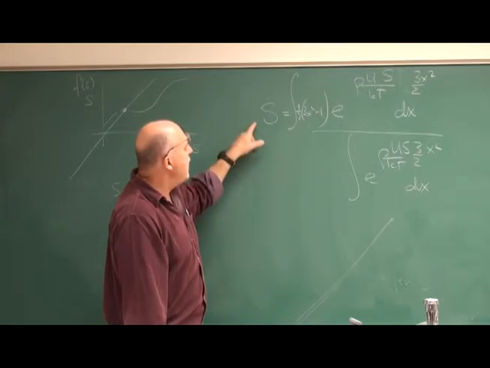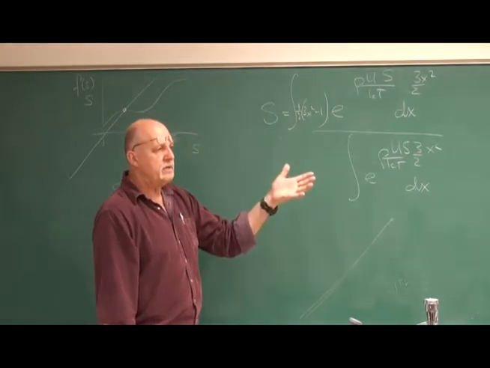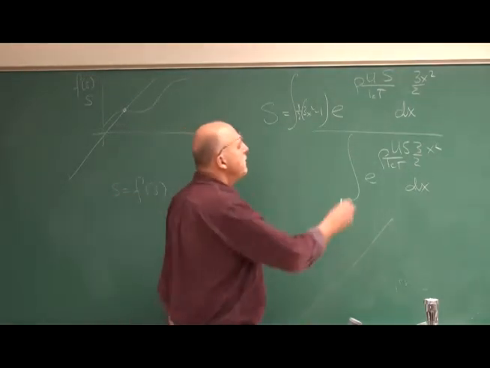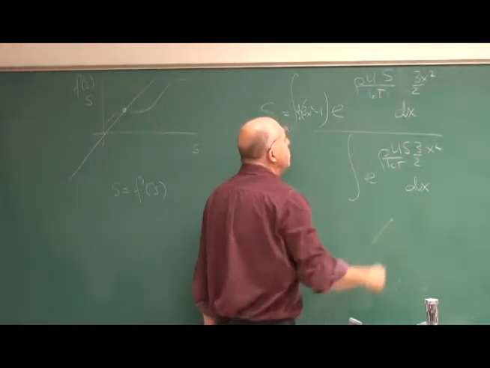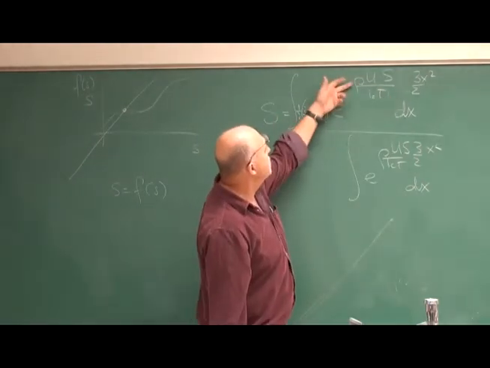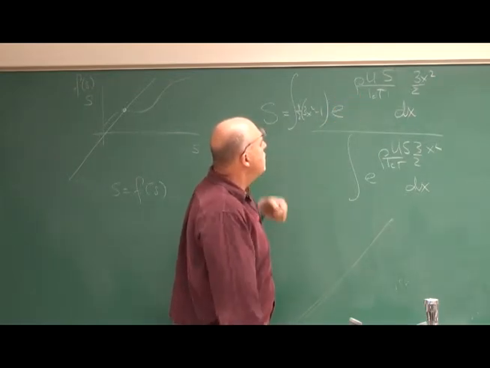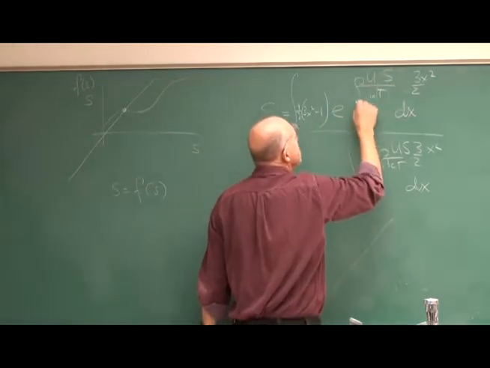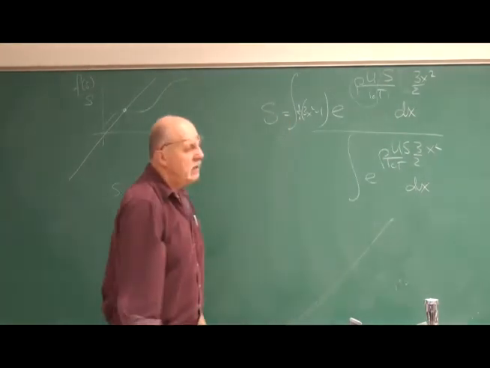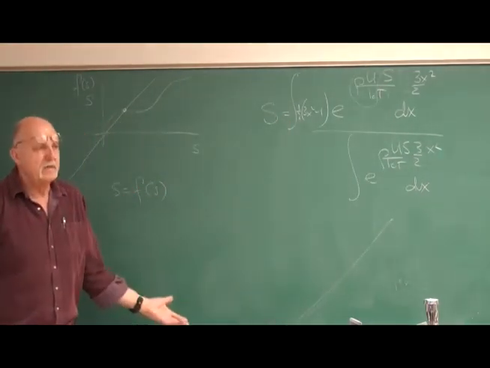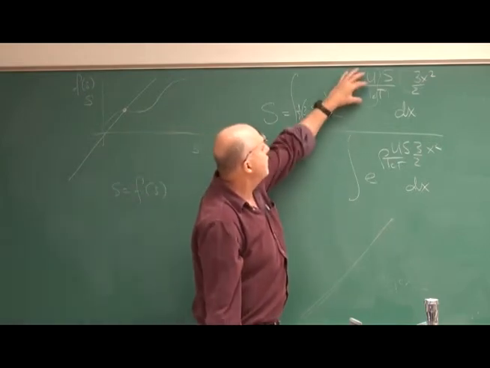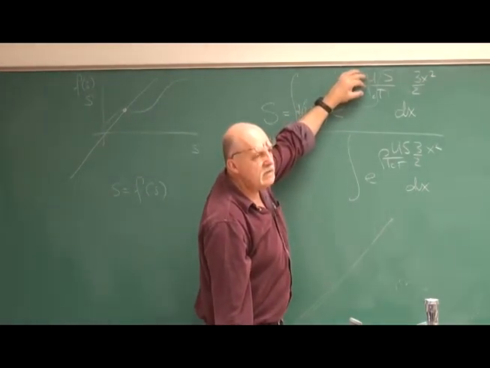Well, we would like to have a graph of S as a function of temperature. Okay, so temperature is here, but we have this other stuff here, rho u over K. Now, rho u over k has units of temperature.